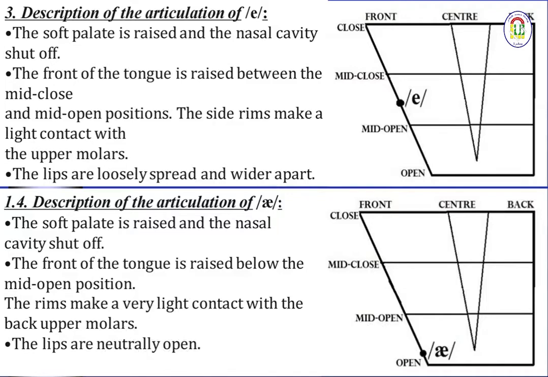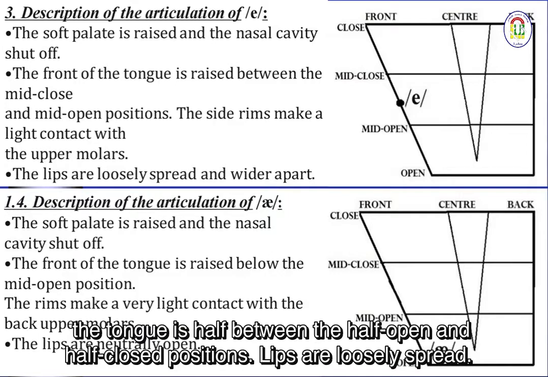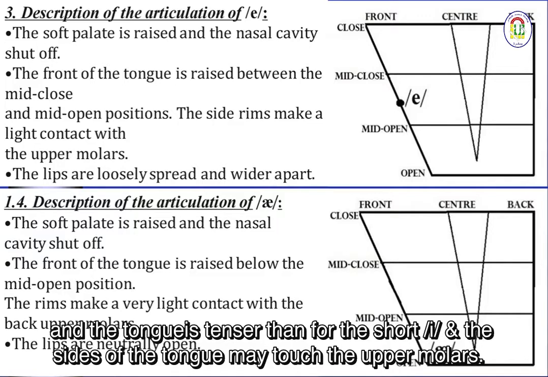So in this vowel, the tongue is between the half open and half closed positions. Lips are loosely spread and the tongue is tenser than for the short E. The sides of the tongue may touch the upper molars.